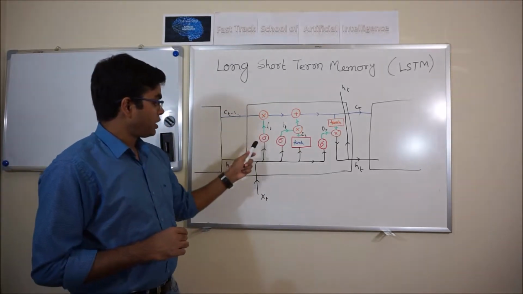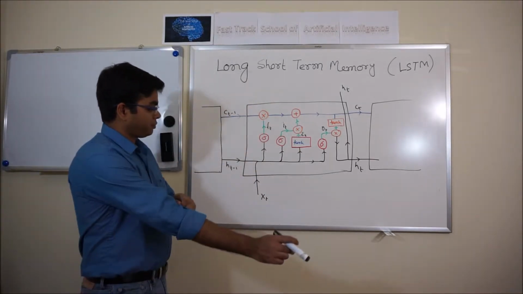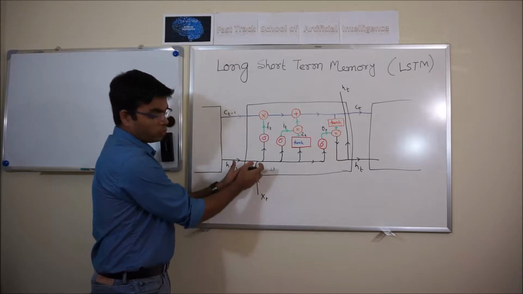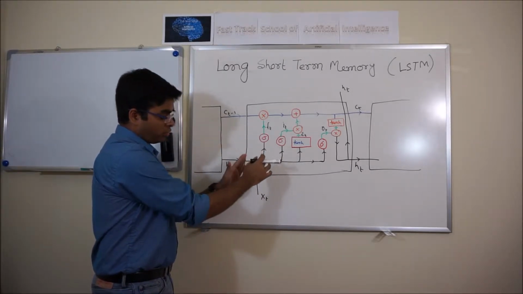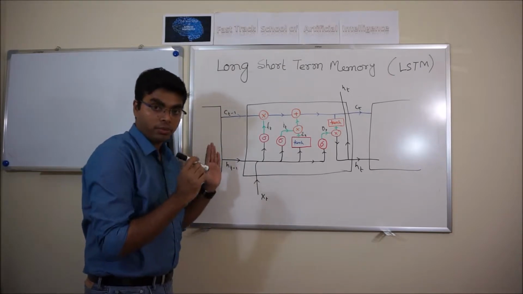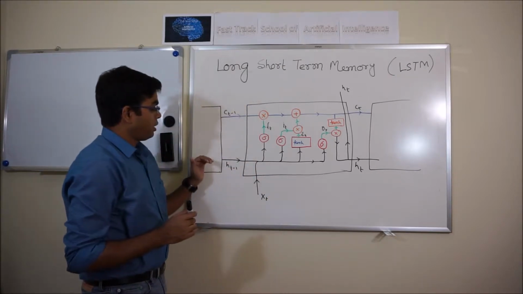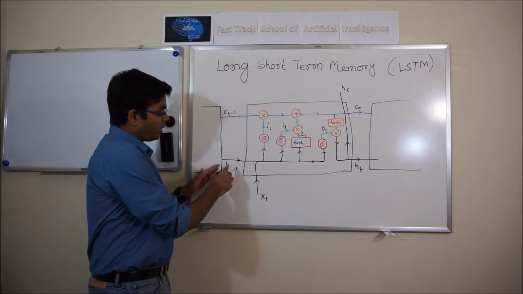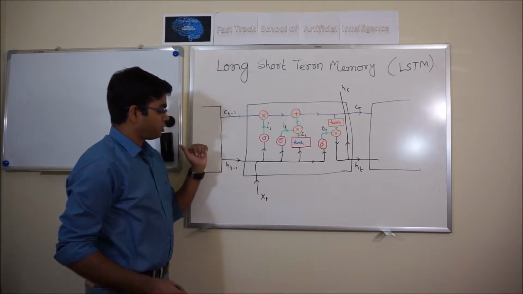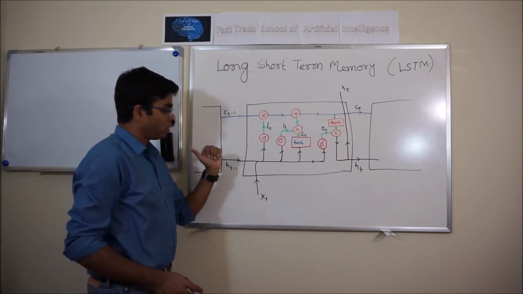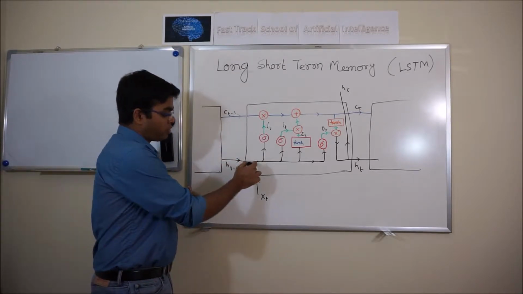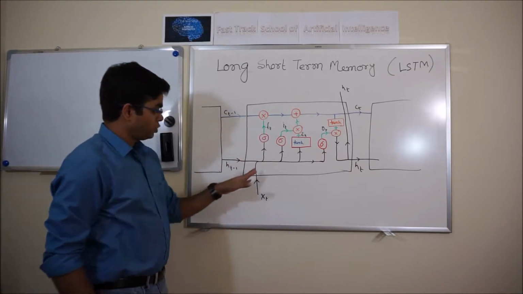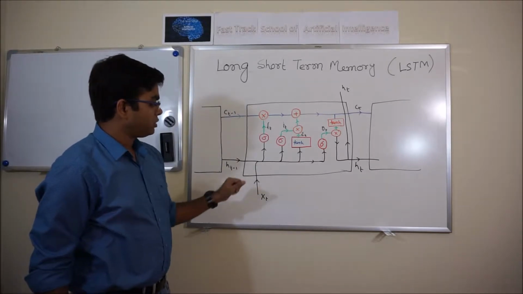So in this particular case, what is happening? We are taking the input for that current instance, and we are going to merge it with the previous module's hidden output. So we are merging it together in this section.